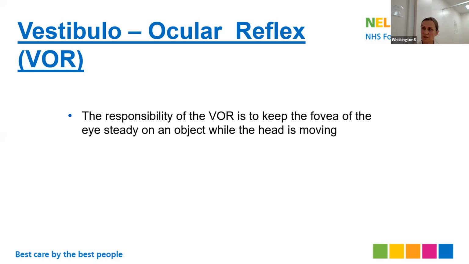And this reflex needs to be extremely fast. If it isn't, this is often a problem with people who suffer from unsteadiness, lightheadedness, because this reflex has become slow or delayed, and the eyes don't catch up quite with the motion that we're going through.